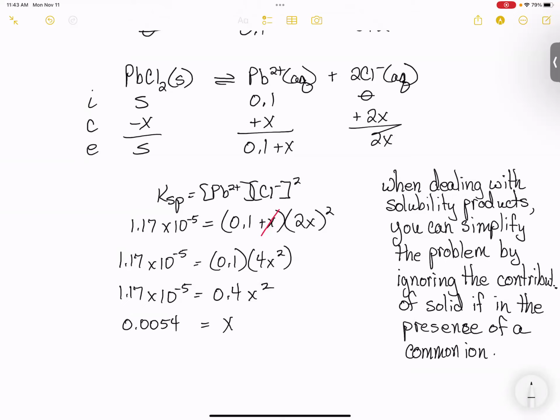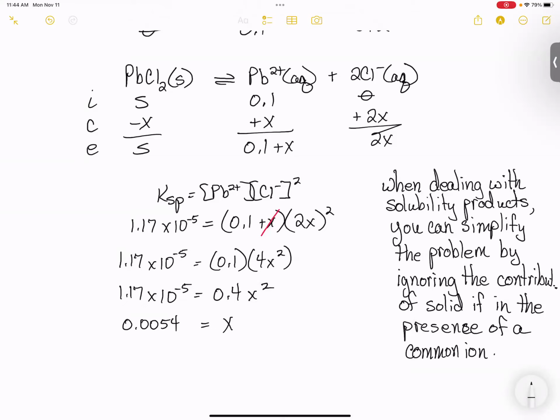The reason you can ignore it is because these numbers are so small, and that number, compared to that number, is so large. So when the common ion is much larger than the KSP, you can ignore that contribution, which simplifies the problem and allows you to solve.